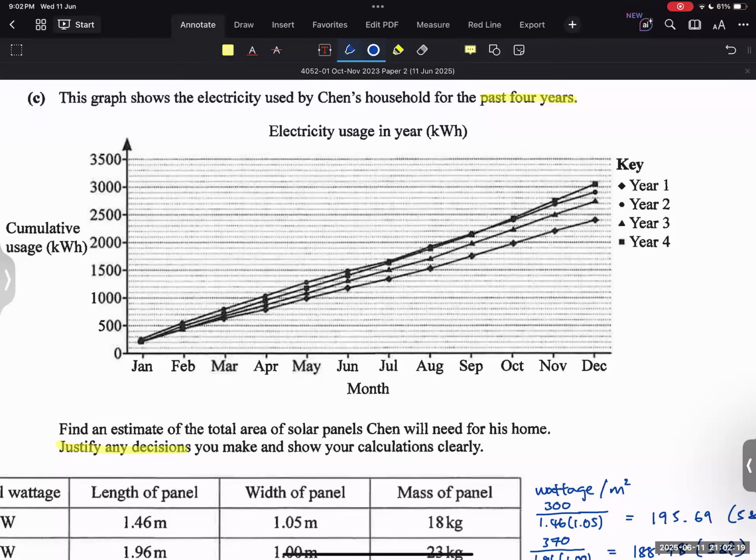The highest. Why will you take the highest? Justify.